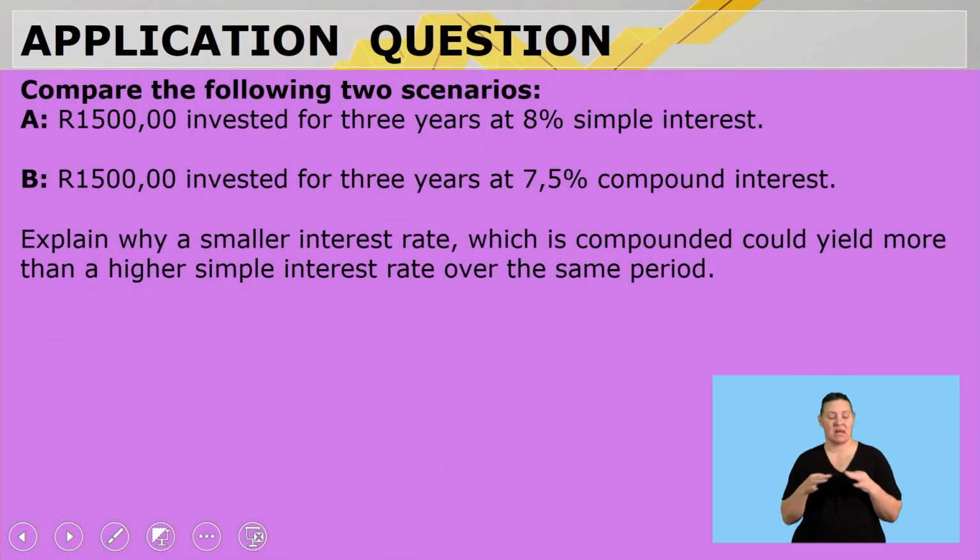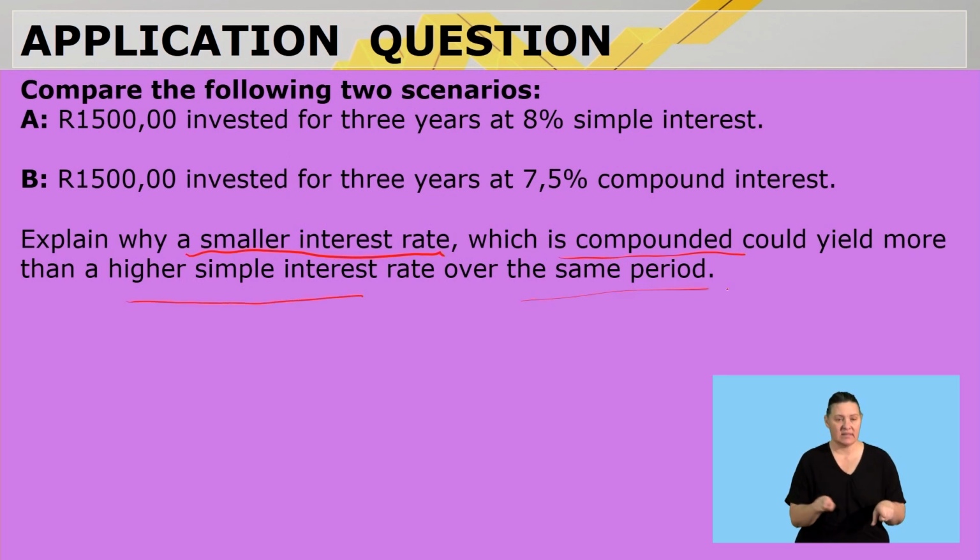Now, explain why a smaller interest rate, which is compounded, could yield more than a higher simple interest rate over the same period.